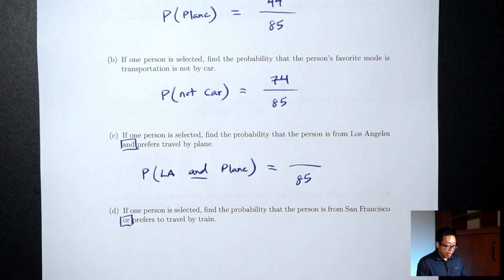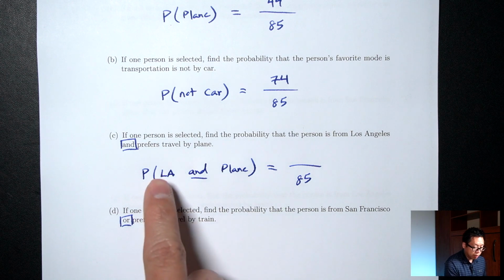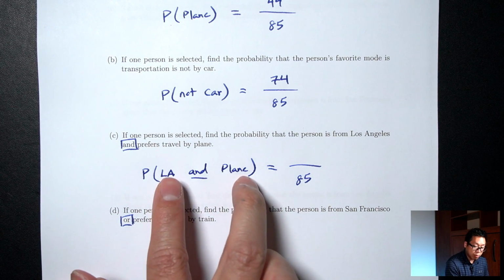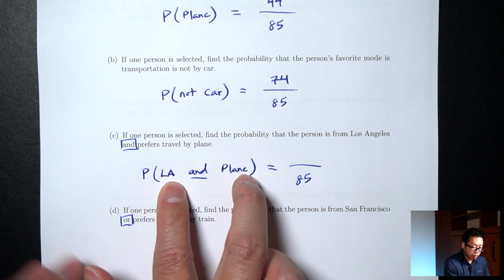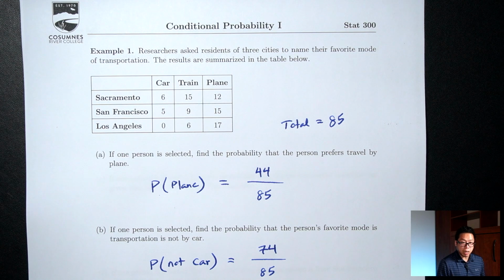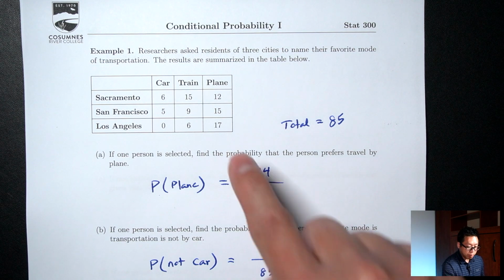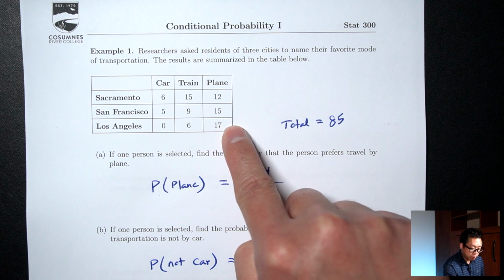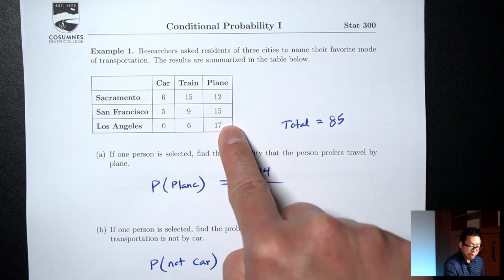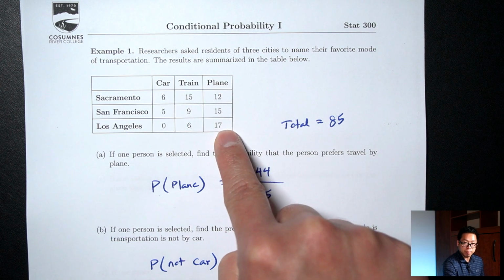Now in probability, the word "and" means I want the people who are Los Angeles and at the same time plane. So they need to satisfy both of those requirements at the same time. So how many people are from Los Angeles and at the same time like plane? That'll be these 17 people. So these 17 people are from Los Angeles and at the same time they said plane was their favorite. 17.